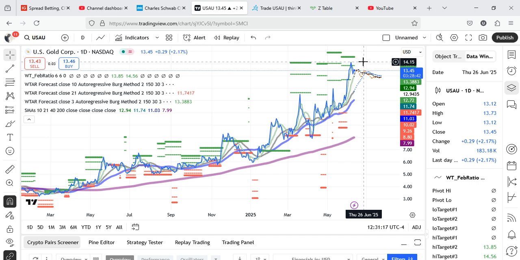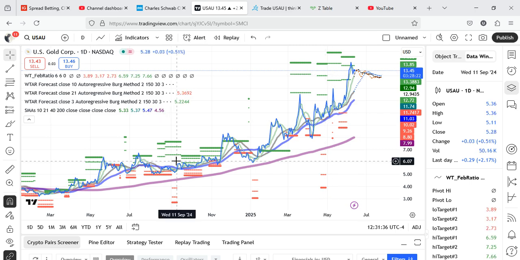We take 14.15, and then we take 13.12. That will give us a difference of 1.33, the difference between the high and the low.